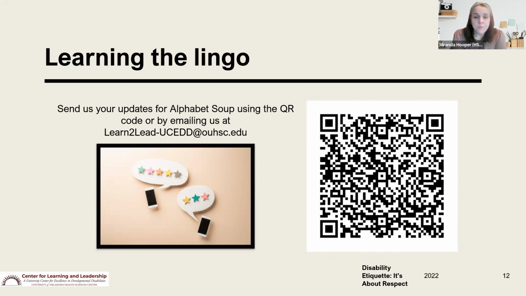As I think Wanda mentioned a couple slides back, we are updating Alphabet Soup. This will be our first revision in a couple years. We'd like to hear from you as well and see what we're missing, if there have been some updates, especially in the last couple of years with COVID. There have been different departments that might have changed, and so their acronyms might have changed.